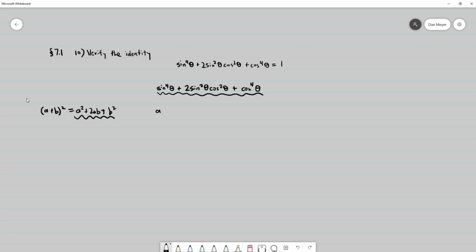Where a is sine squared theta and b is cosine squared theta. So we can factor this into a plus b squared: sine squared theta plus cosine squared theta, squared. Hey, there's a Pythagorean identity. That's 1 squared, and 1 squared is 1.